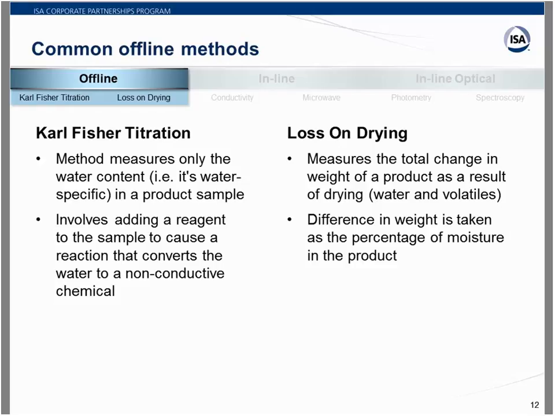Loss on drying is the difference in the weight, and you assume that the loss of weight is the percentage of moisture in the product, but it's not necessarily. It could be the percentage of moisture plus volatiles in the product.